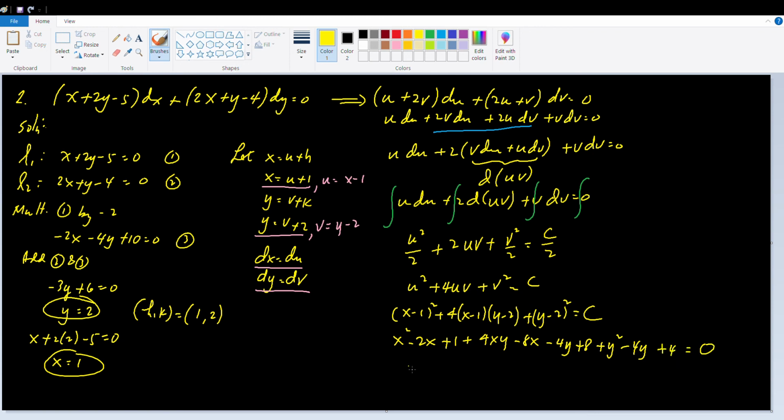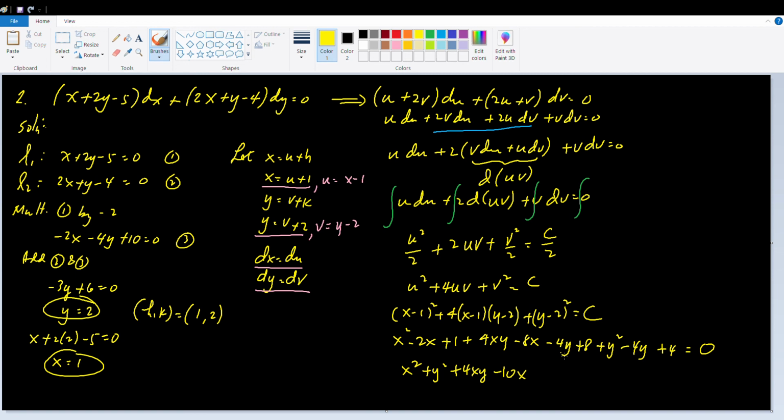Okay, so we have x squared plus y squared, then I have to write 4xy first, plus 4xy. Negative 2x and negative 8x is negative 10x.